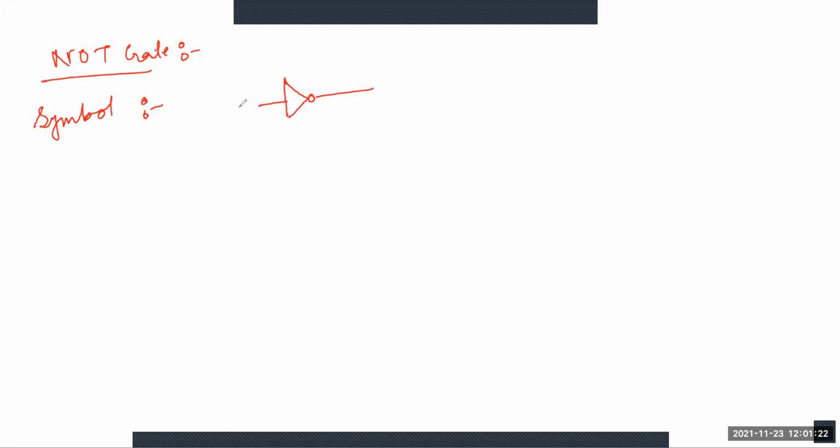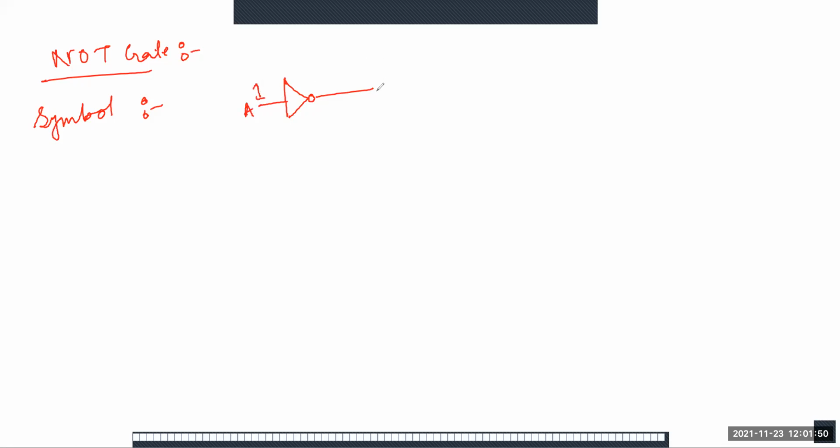Here you can see for the NOT gate there is only one input and there is a bubble. And always remember that in this device the output is always the complement of the input. Suppose here in the input we are giving A.